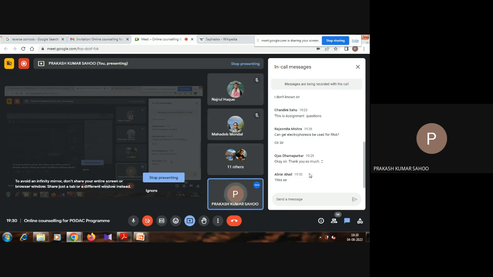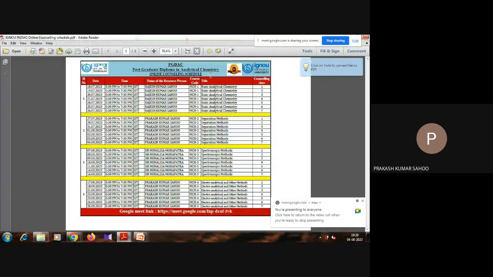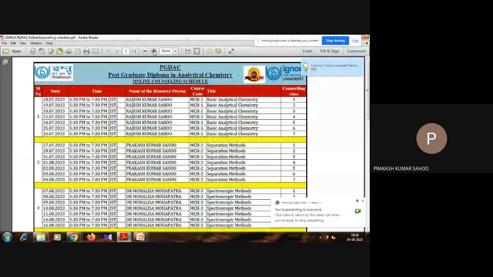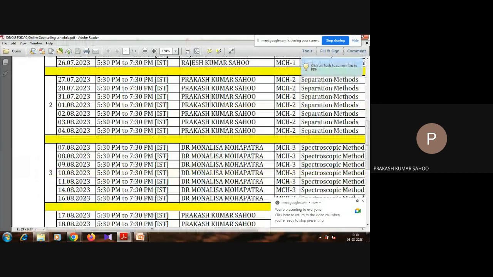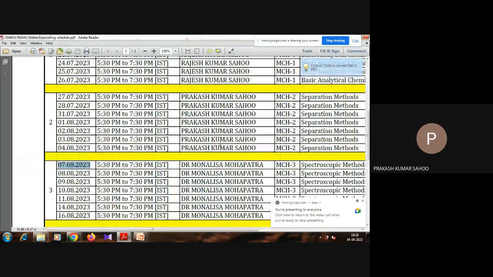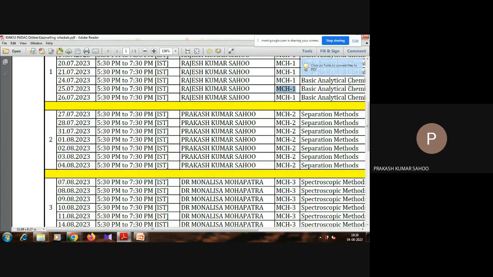Today we covered all the units of your paper 2, and this is our schedule. Just see this one. On 7th of August, Dr. Rajesh Kumar Sahu will take your first paper, the MCH-1 paper, which is related to basic analytical chemistry.